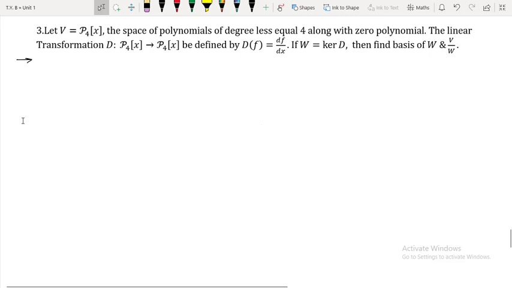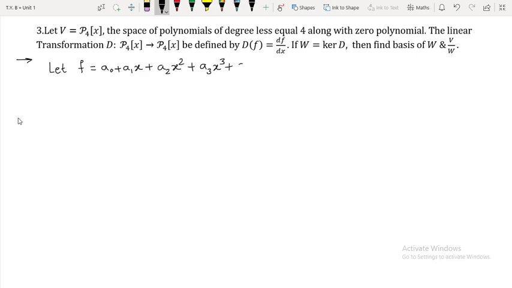Okay, so let us start then. Before going ahead, let us use some notation for this small f. Remember, this small f is from the domain P4 of x. So let f of x be equal to a0 plus a1x plus a2x square plus a3x cube plus a4x raised to 4.